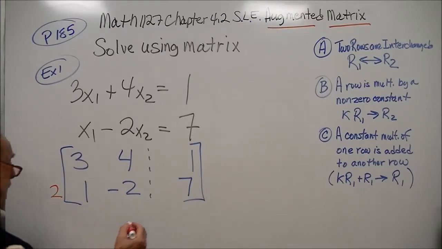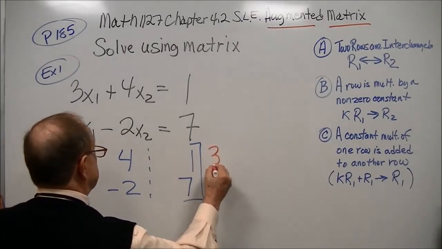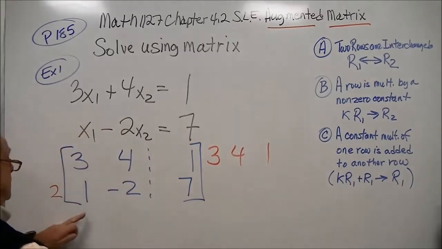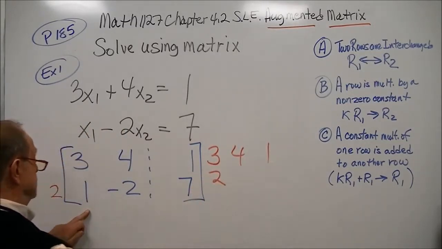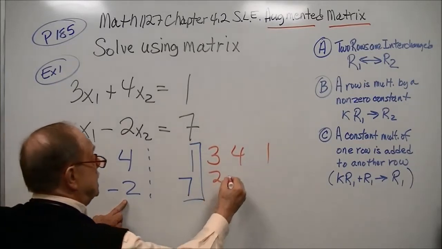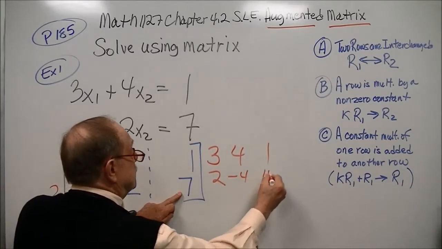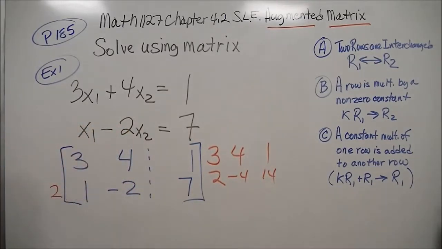And then what would we get? Well, we would get 3, 4, 1. But now this would be a 2. This would be a negative 4. And this would be a 14. Now, again, this is a little system I use, and it may be useful to you.